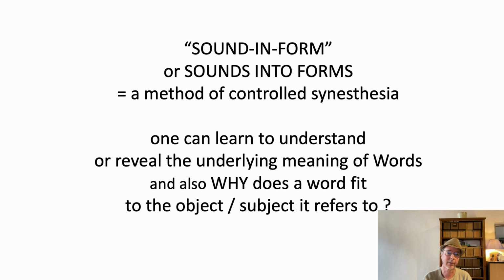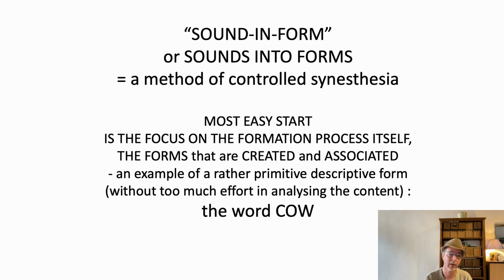In general, the method is a method with which you understand the underlying meanings of words. So why does every word fit exactly to the object or subject that it refers to? Most easy it is, of course, to learn to make the formation process and follow the process and learn to do this yourself.